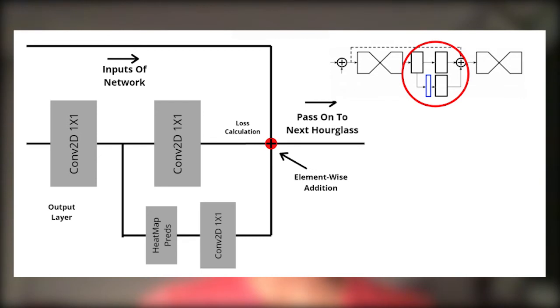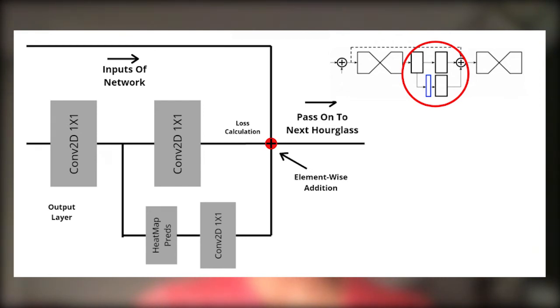The network has two outputs: one is the heat maps, and the other is the inputs that we're going to pass on to the next network. You see how we have incoming inputs from the start of the network, the inputs that we fed into our Hourglass network. So that's basically what the inputs we're passing on to the other network are.